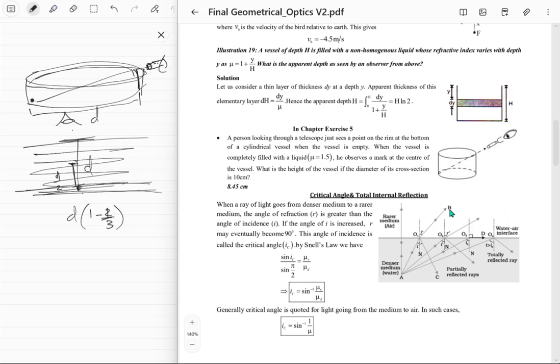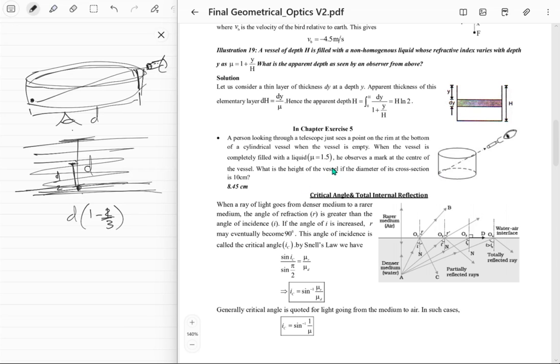Serves a mark at the center of the vessel. Wait, but this is not making sense. Wait, what is the height of the vessel if the diameter of its cross section?